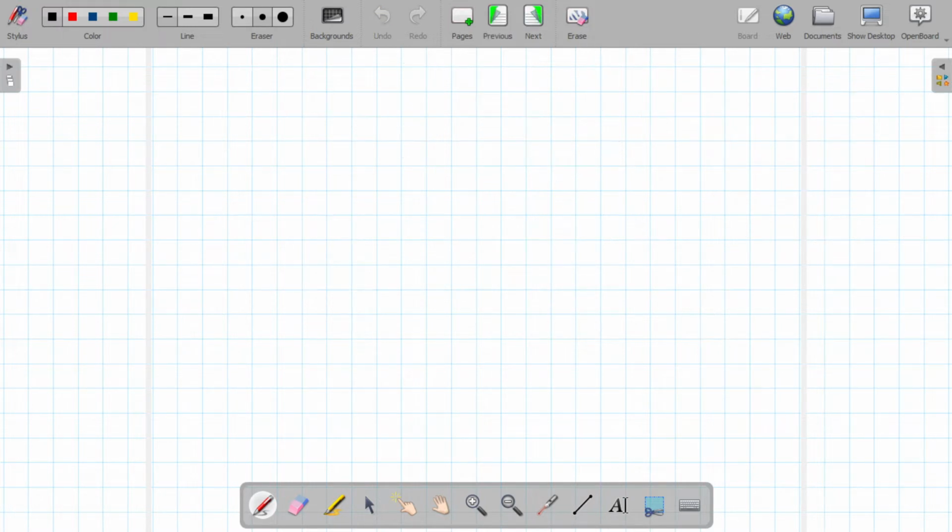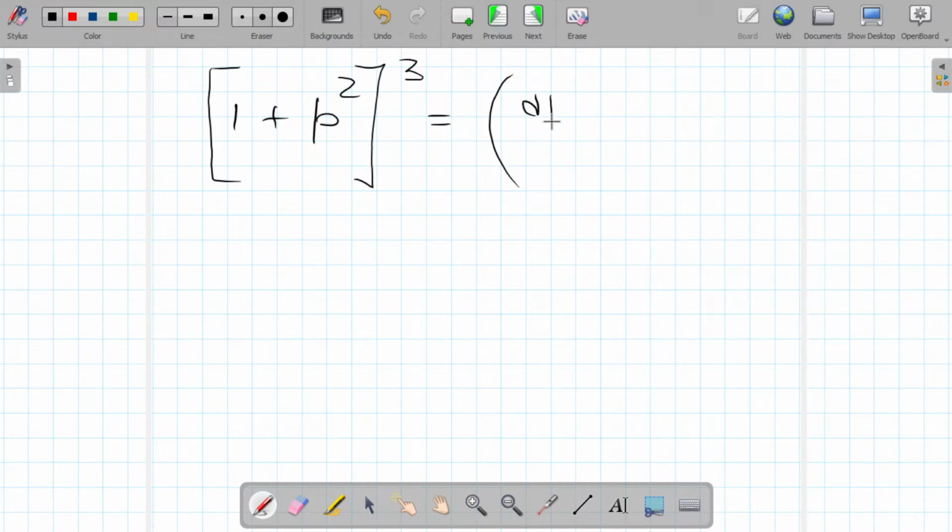So we get 1 plus p squared, all of that cubed, on the left-hand side, and that is equal to dp by dx all squared on the right-hand side. So we'll call that equation 2.